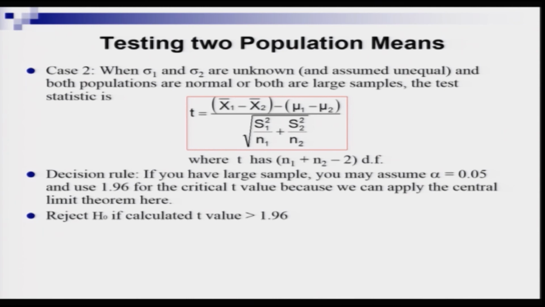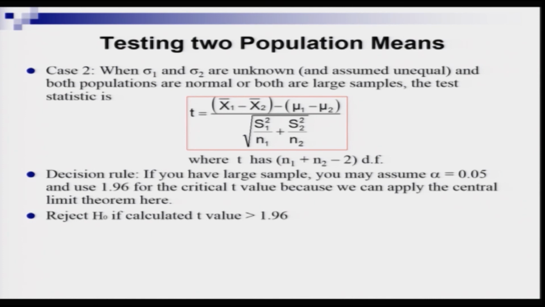If you start with an assumption mu 1 is equal to mu 2, then of course this will boil down to 0. Then in the denominator you see that we have the sample variance of sample 1 divided by n 1, and then you need to add the ratio of the sample variance from sample 2 divided by the sample size of sample 2.